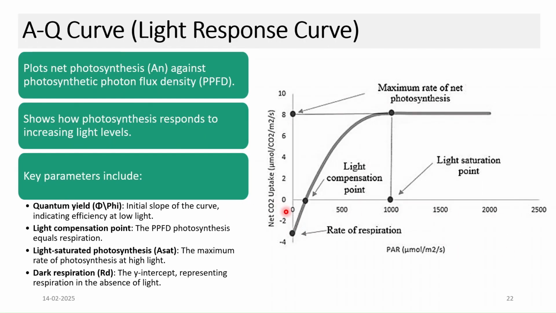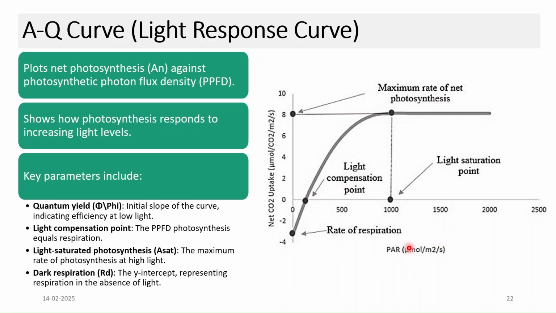How will photosynthesis respond to a light variation of 0 micromoles of photons per meter square per second to around 2000 micromoles of photons per meter square per second? Light intensity is shown in micromoles of photons per meter square per second because plants use light in the form of photons.